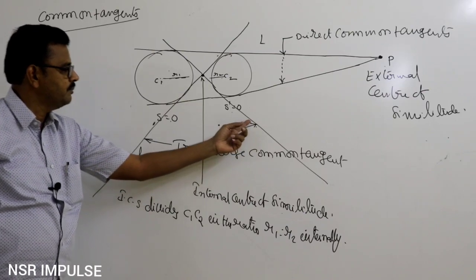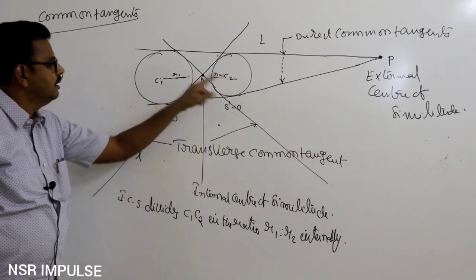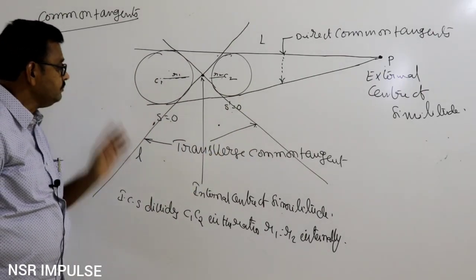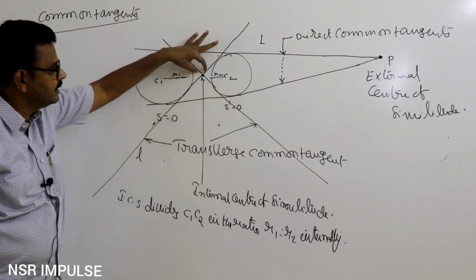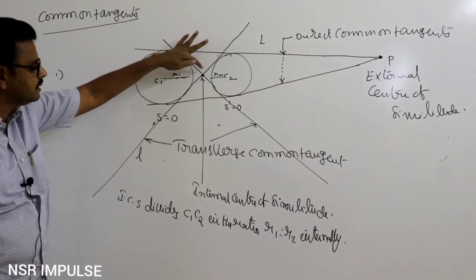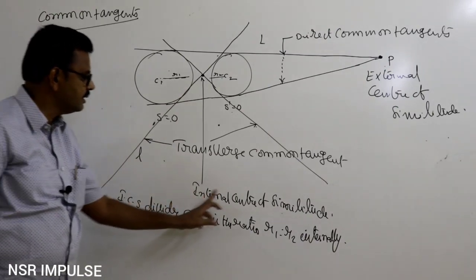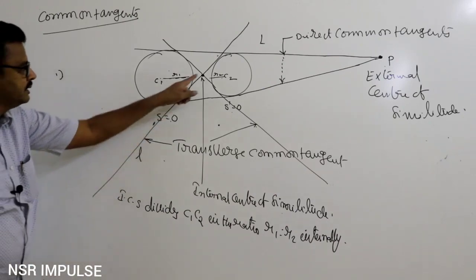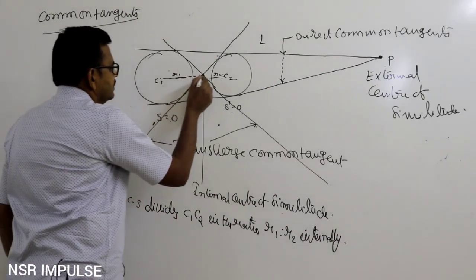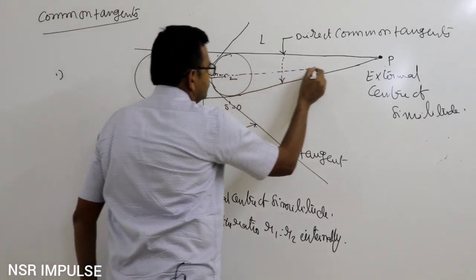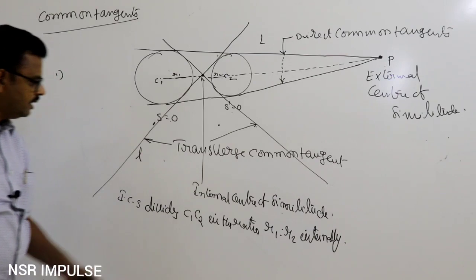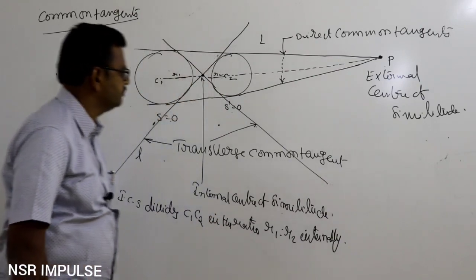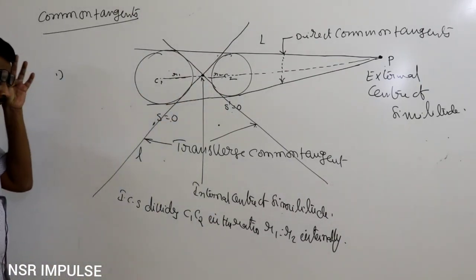This is also a transverse common tangent because the two circles lie on opposite sides of this line L. If it exists, the point of intersection of transverse common tangents is called the internal center of similitude, and this divides the line of centers C1 and C2 in the ratio R1 is to R2 internally.